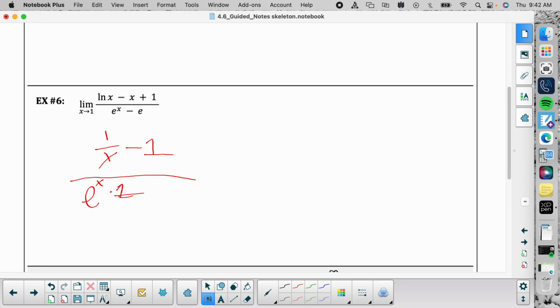That's the correct derivative. So then this simplifies to 1 over 1, so 1 minus 1, which is 0, and then e to the 1 is e, so times 1, it'll be 0 over e. So the answer is 0.